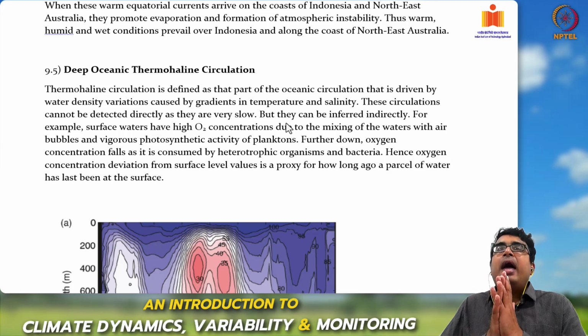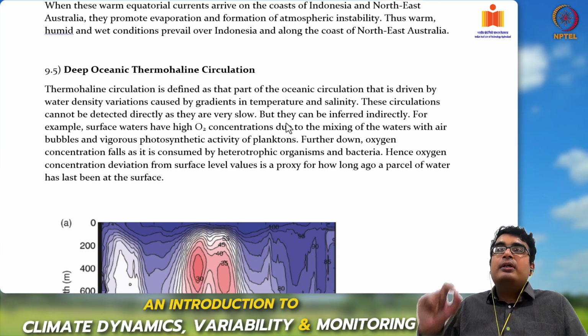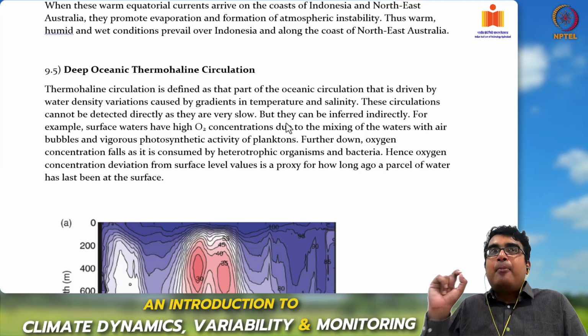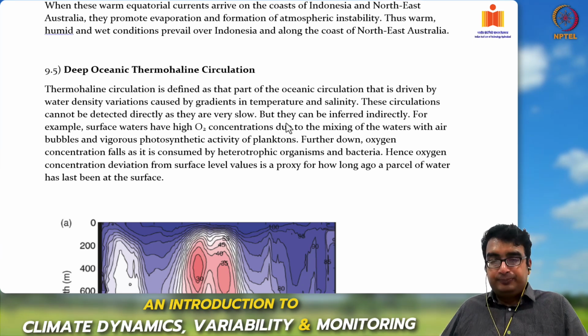So, as the oceanic water spends more and more time away from the surface, its oxygen concentration decreases. So, by noting the oxygen concentration at different levels of water in the ocean, we can know how long that water has spent away from the surface relative to the surface level waters today.